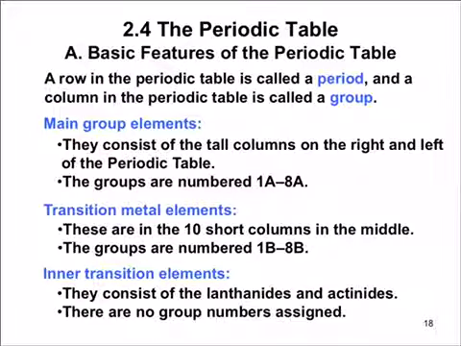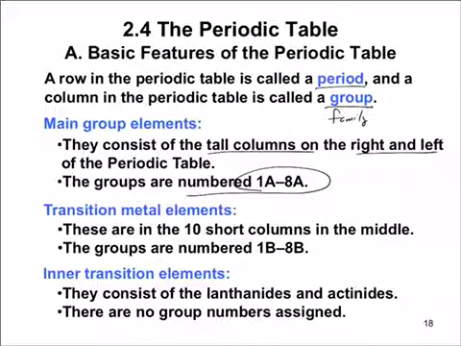All right, let's go over basic features of the periodic table. As we've already seen, a row is called a period and a column is called a group or a family. Now, we have the main group elements. These are the tall columns on the right and left side of the periodic table, and they get the numbering scheme 1 through 8A.